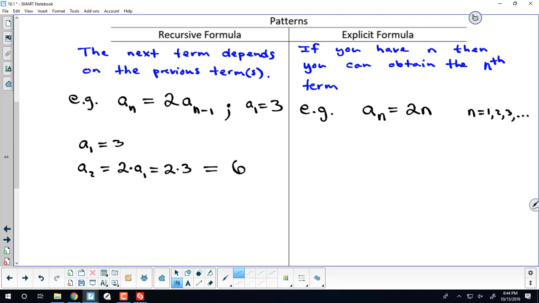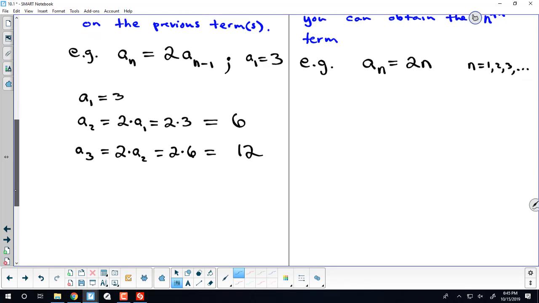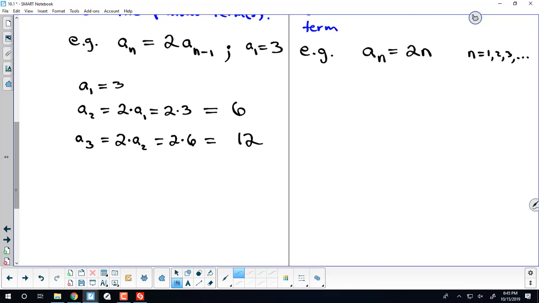A sub 3 is twice the previous, so 2 times a sub 2, which is 2 times 6. However many terms we wanted, we could get. We just have to slowly increment this. So a sub 4 is twice the previous, and so forth. Let's just list one more.